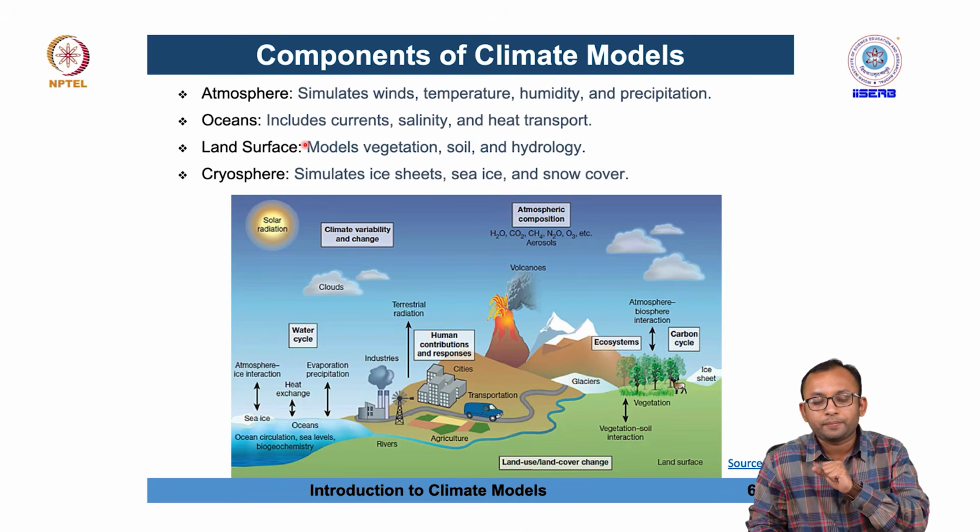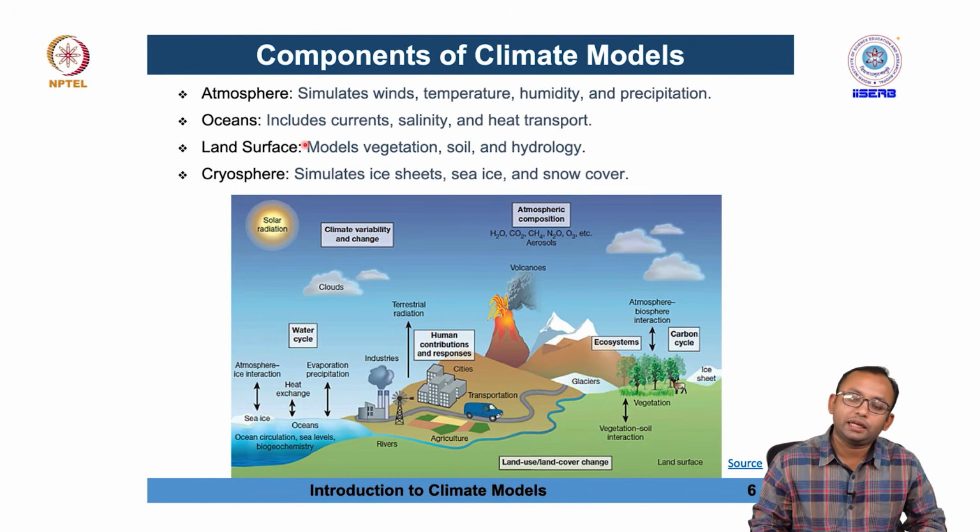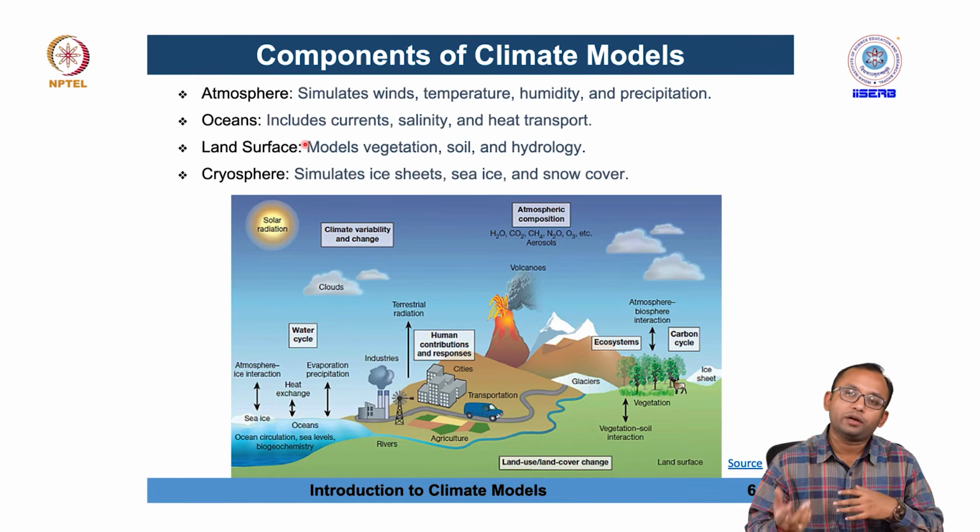Then we have another component called land surface, which models how vegetation, soil, hydrology or water resources interact with each other in response to changing atmospheric properties.